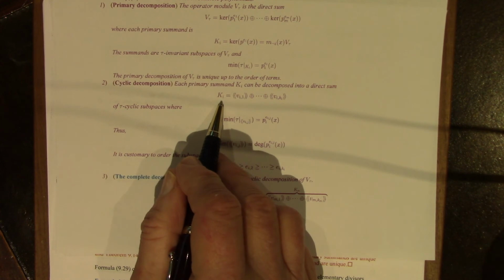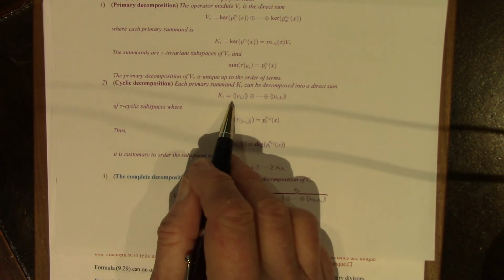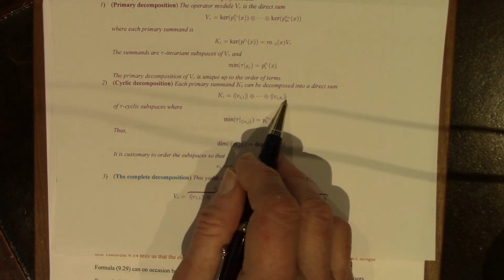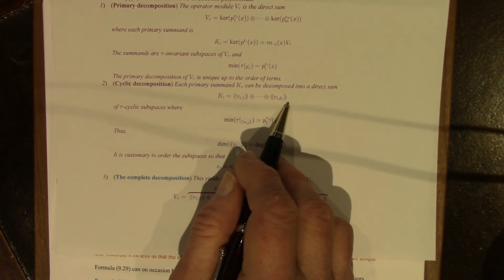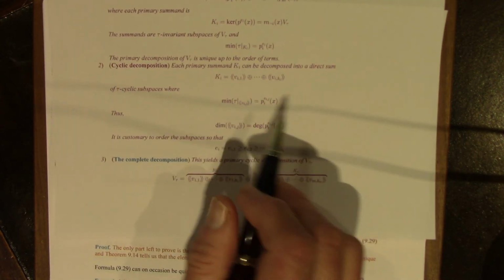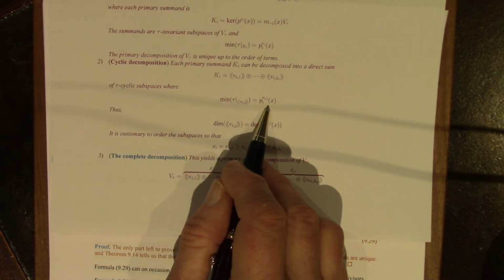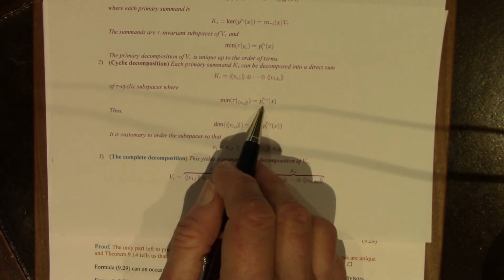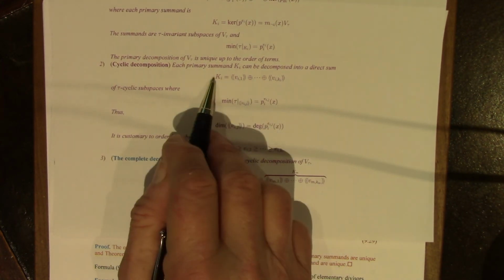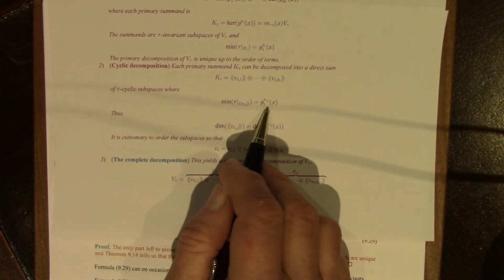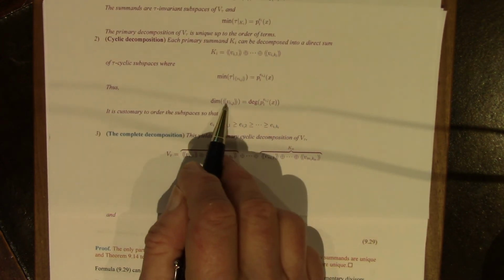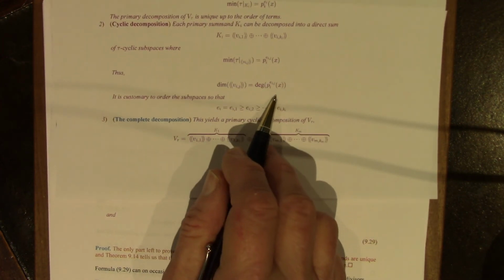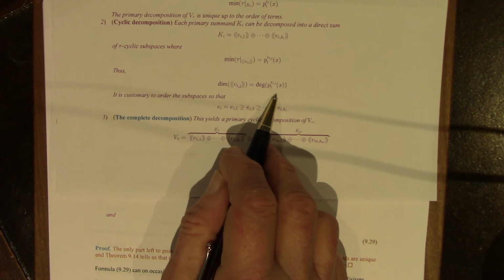Each of the primary summands can be decomposed into a direct sum of cyclic submodules, or tau cyclic subspaces. And their minimal polynomials are powers of pi of x for k sub i here. And so their dimensions are the degrees of these minimal polynomials.